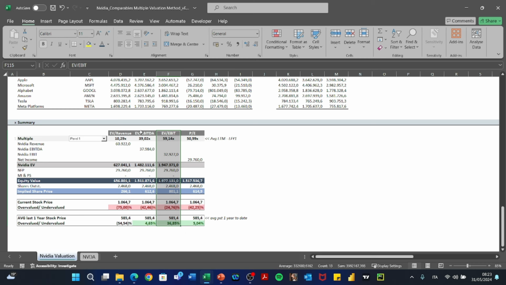In my opinion, these two are quite reliable. So, in my opinion, maybe this could be a solid value, a reasonable value.